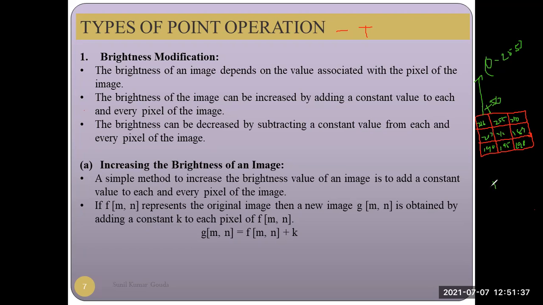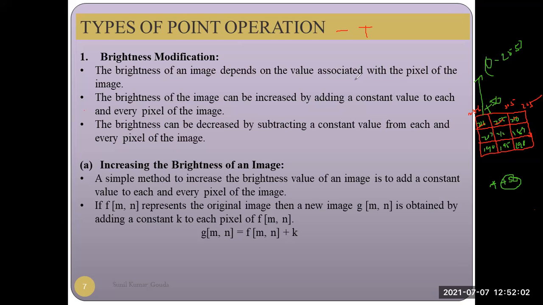Suppose I perform addition of 50. Now each pixel will be added with the value 50, and each pixel will be modified, so it has become 256, then 305, and so on.